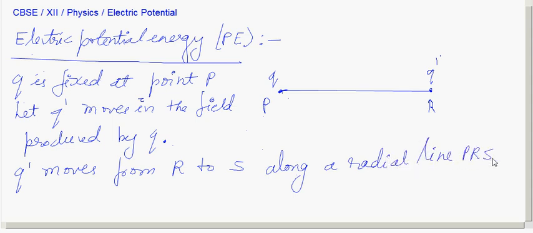So here I will mark, let me say this point is S. So Q dash is moved from R to S. Now we will say the distance between P and R is R1 and the distance between P and S is R2.